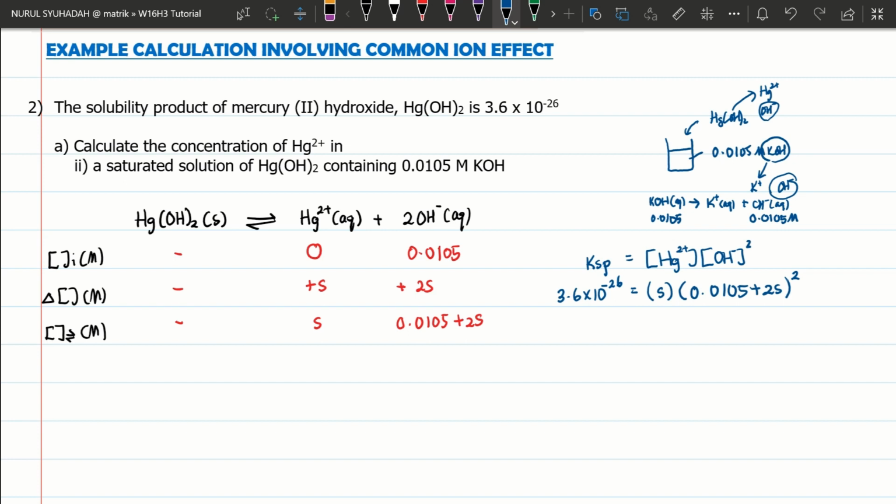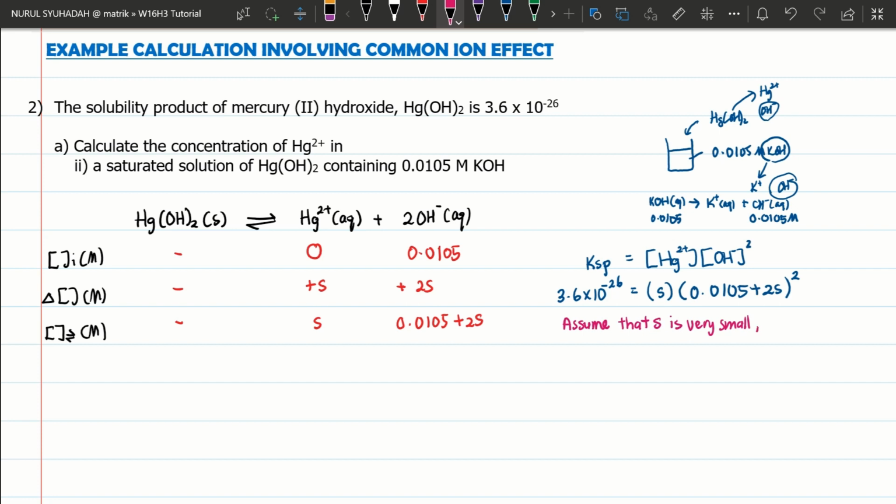Okay. Now, sama macam yang kita buat tadi for example number 1, dekat sini kita akan buat assumption juga. So, we're going to assume. Okay, assumption ni kena tulis. Awak tak boleh straight away terus buat calculation. Mesti ada statement yang menyatakan awak assume. So, assume that S is very small.